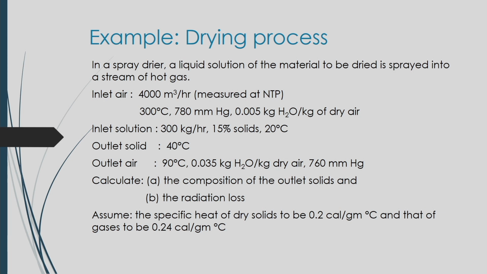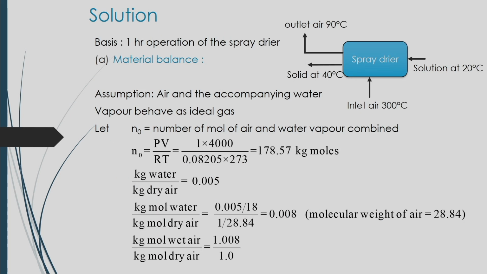Now, in this case you have to calculate the composition of the outlet solids and the radiation loss. Assume that the specific heat of dry solids is 0.2 calorie per gram degree Celsius, and that of gases is 0.24 calorie per gram degree Celsius.